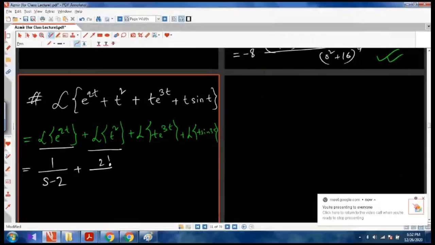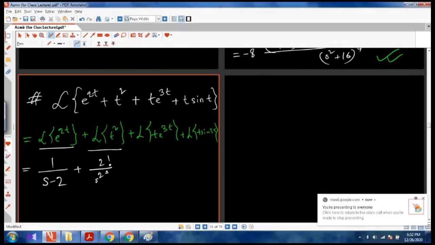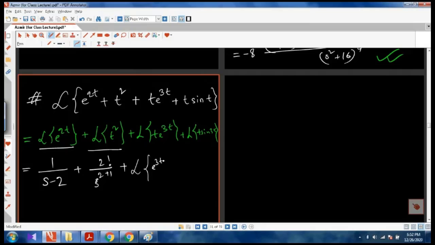So 2 factorial by s power 2 plus 1. In short, s power 3 plus, have a look here. This is the multiplication term. So we can reorder this with the second property.